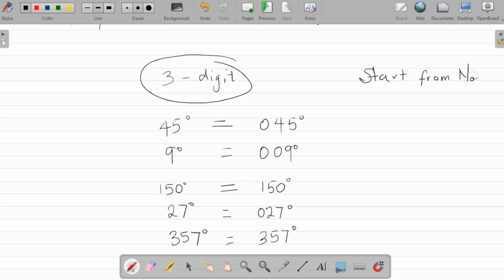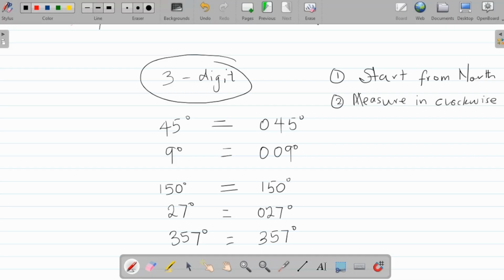That's number 1. And the second one states always measure in clockwise.